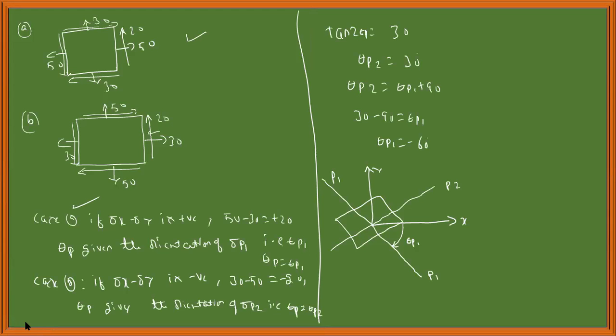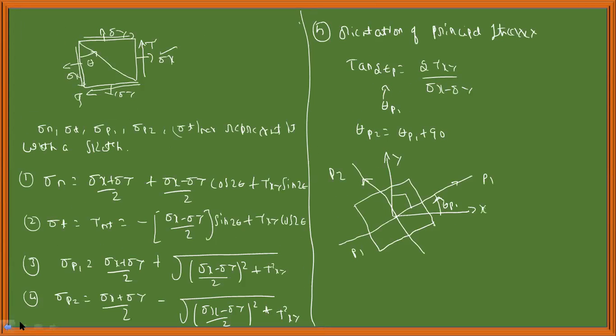Out of plane normal stress is sigma z. Next, maximum in plane shear stress.